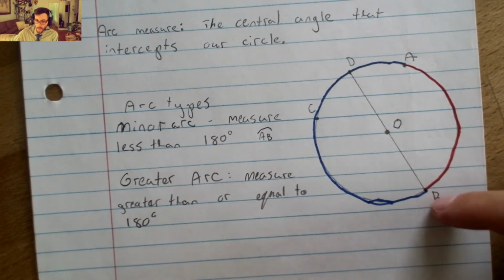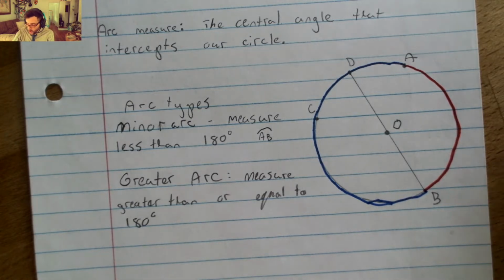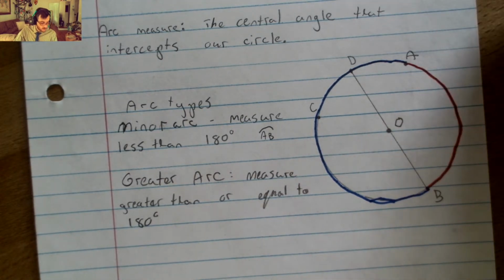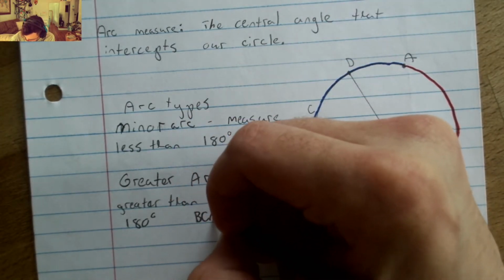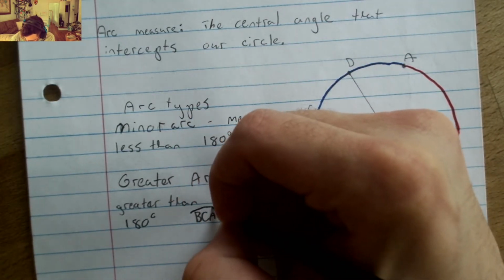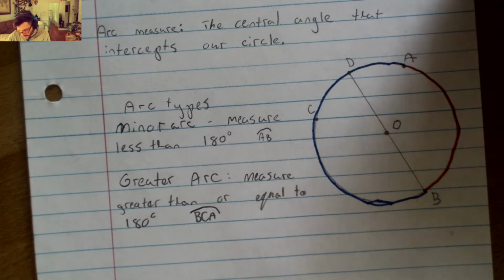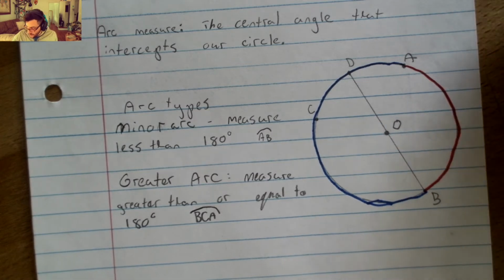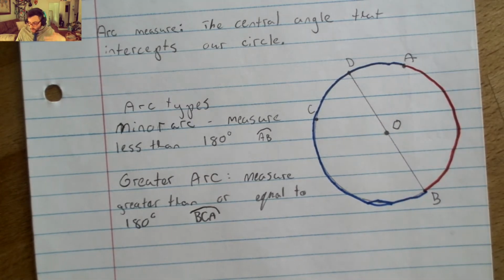We have arc AB, we have arc BA or AB. Essentially, whenever we're going to go at 180 degrees or more, we're going to use 3 letters in our notation. One thing that you might want to add down to your notes is that connotation or that direction. 180 degrees or more, we're going to have 3 letters.